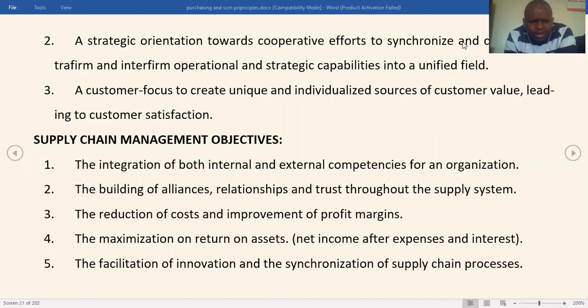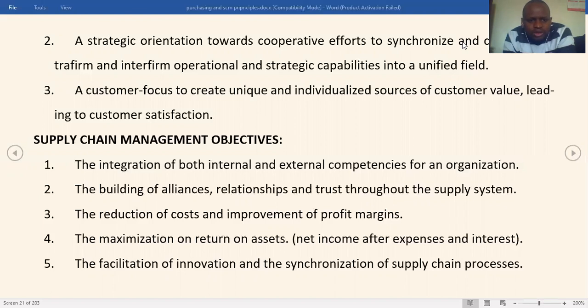The other important objective is that it enables the organization to build alliances, relationships, and trust throughout the supply system. So you're able to bring all various stakeholders together through various alliances and relationships. And this relationship at the end of the day will be a win-win relationship for all people involved.